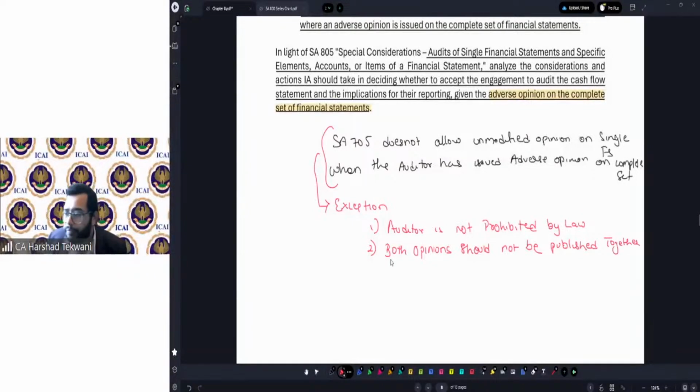Third, and the very important part, that specific element does not constitute a major portion of the complete set of financial statements.